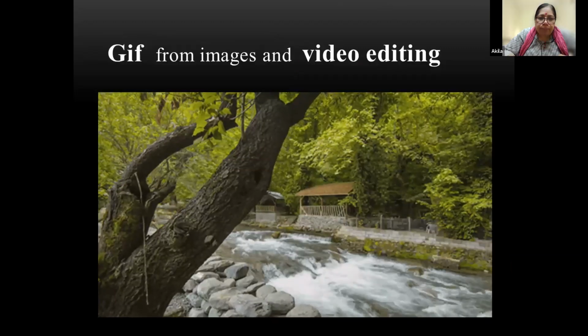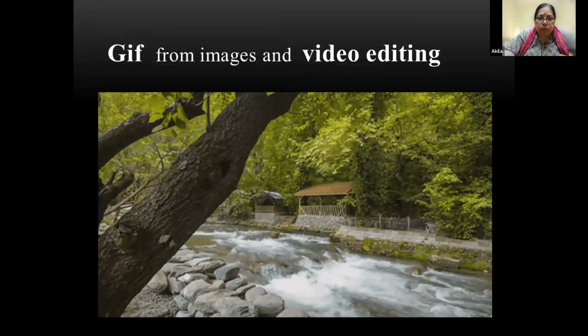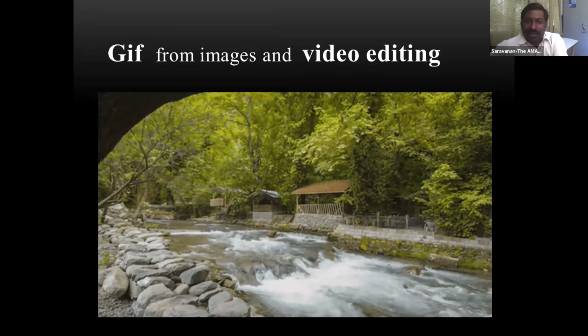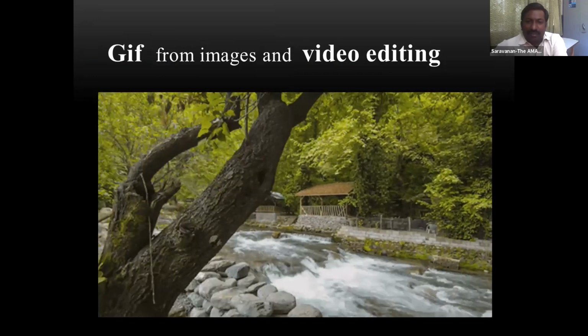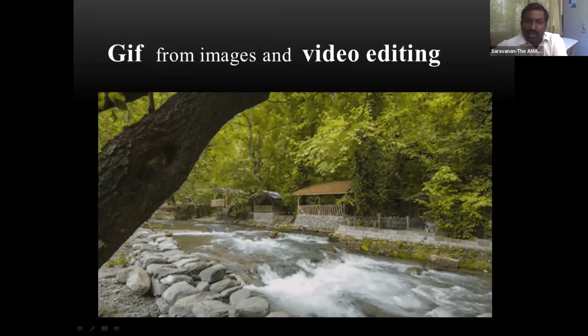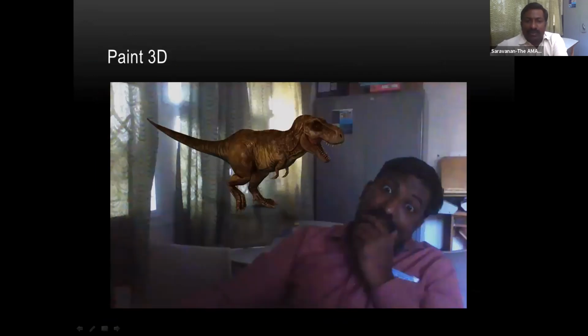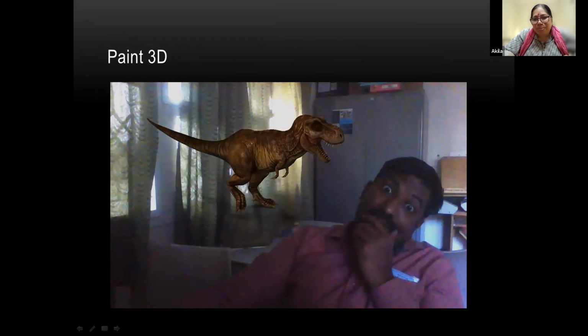All right. So we will learn how to create a GIF with the picture and some detail through different technologies and video editing also. So this is the Paint 3D option. So we'll create an image like that. It's a sample.